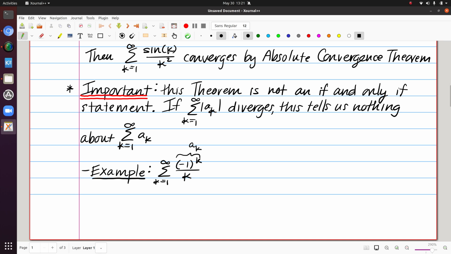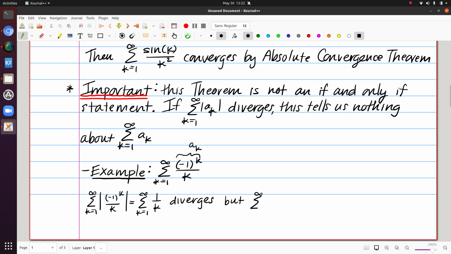And if I were to take the absolute value of those terms, we would get the harmonic series. And I'm not going to write out the full justification here, but we know that the harmonic series diverges.